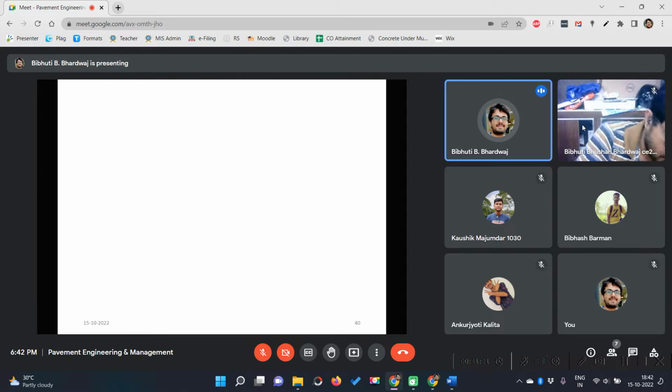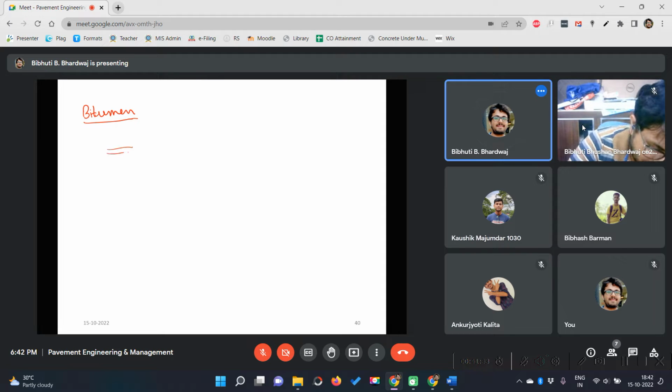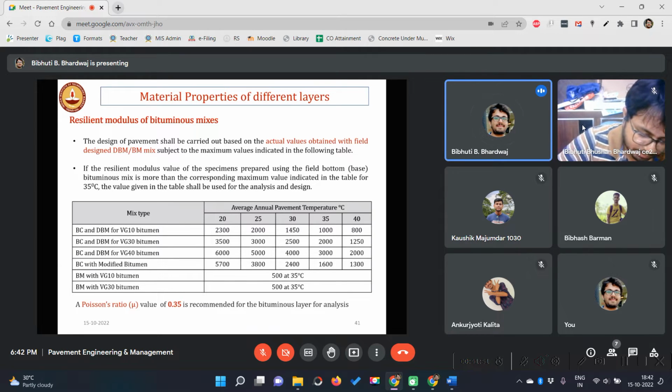So you see, how is bitumen produced? From petroleum. So you have petroleum, which is taken into a vacuum tower, and this vacuum tower is heated.